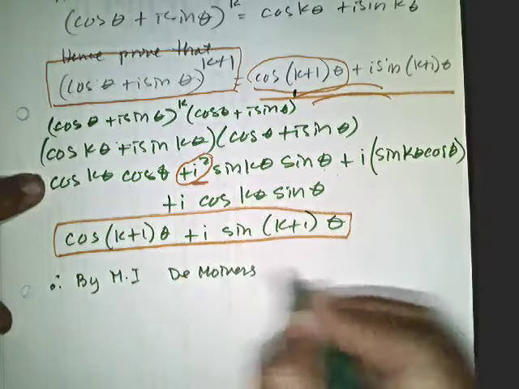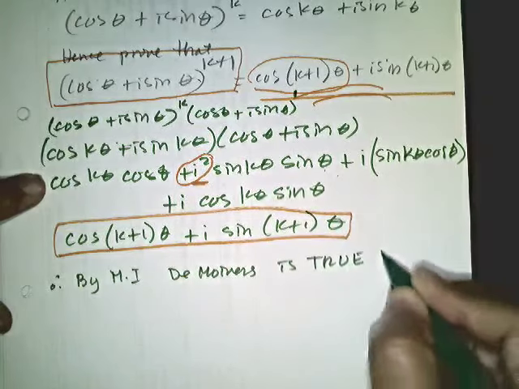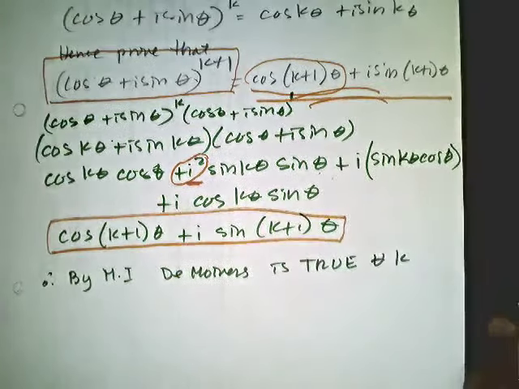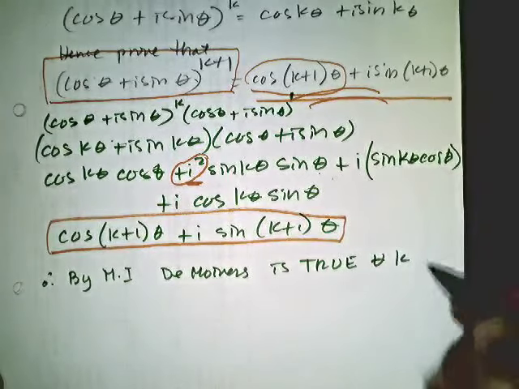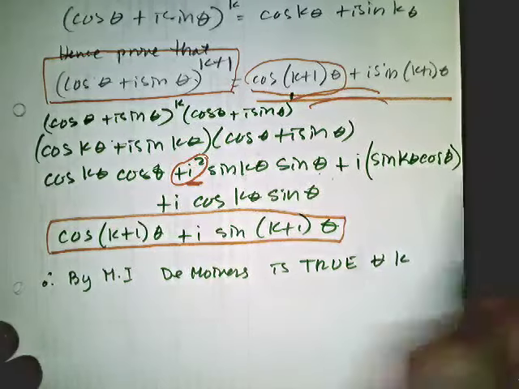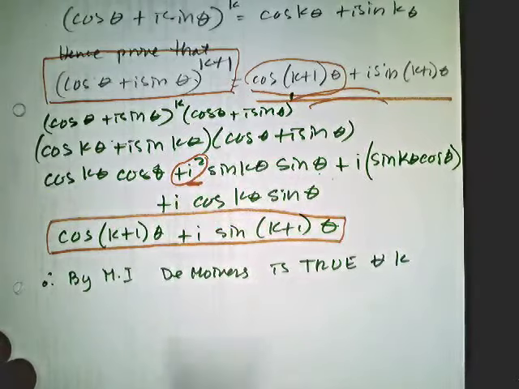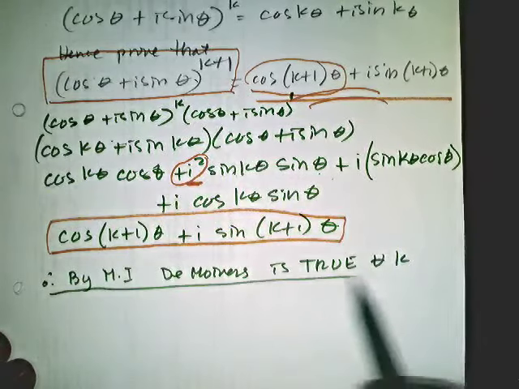theorem is true for all k, alright, that belongs to, oh, sorry, I need to show that this is true for n equals 1 before I make this conclusion.